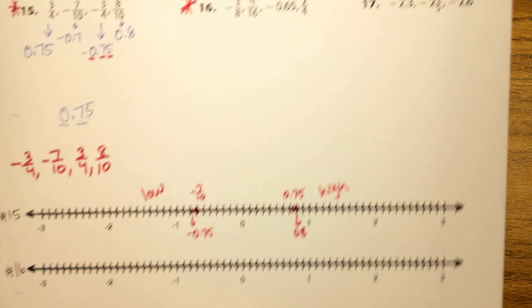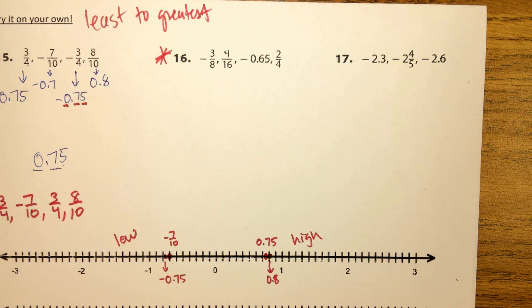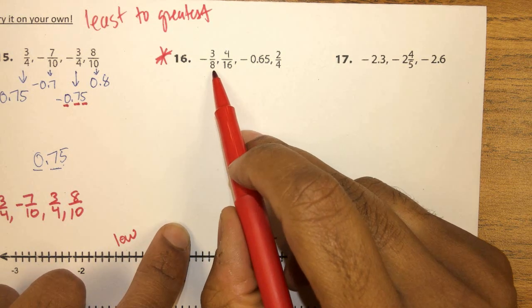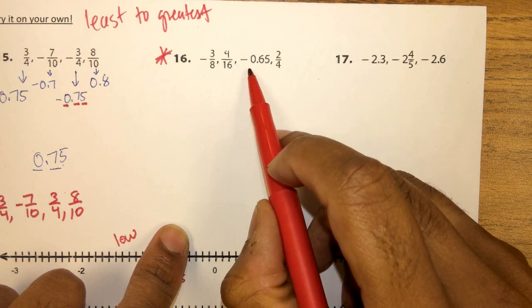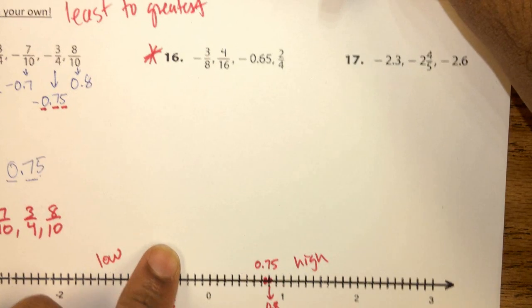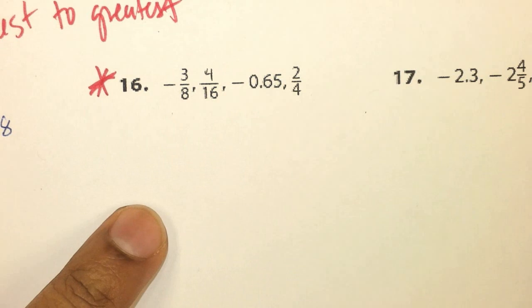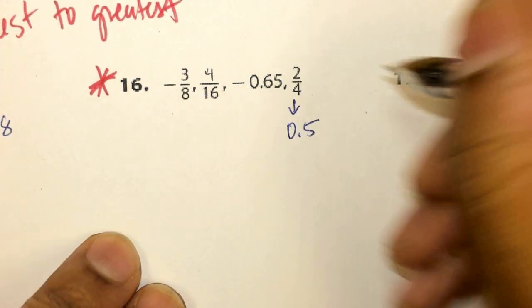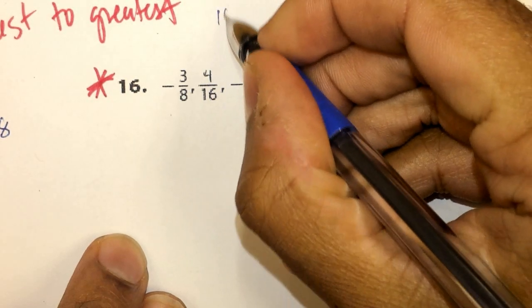The next one, number 16. I have -3/8, 4/16, -65/100, and 2/4. Some of these are benchmark fractions. For example, 2/4, 2 out of 4, is 1/2. Over here, I can do inside out.